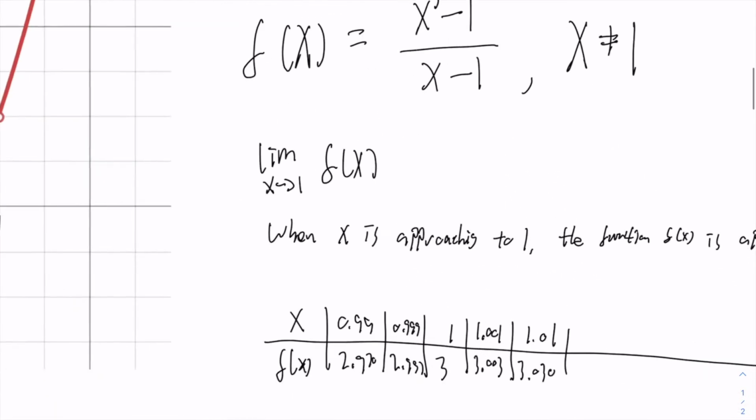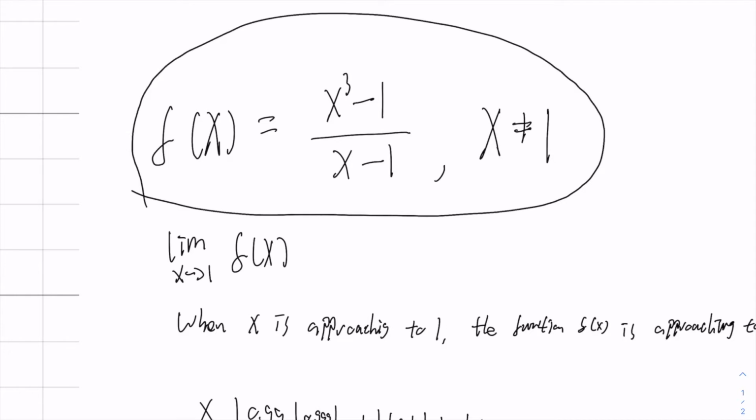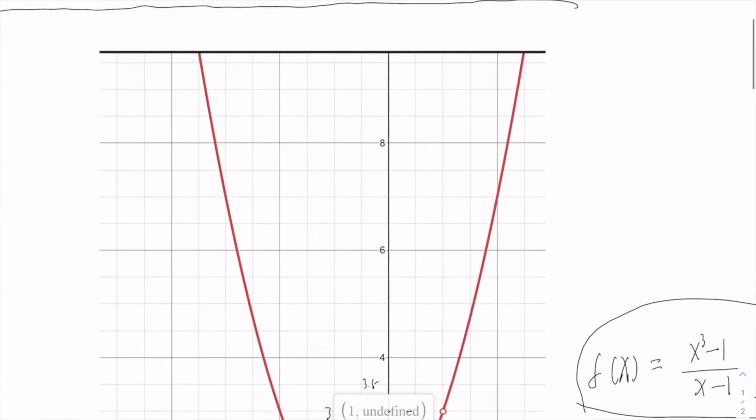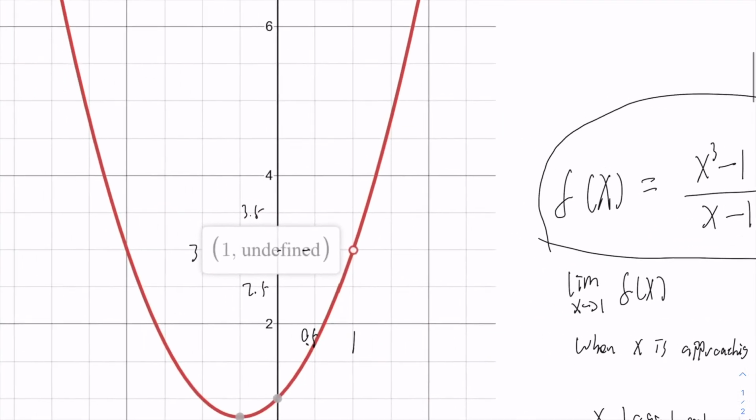So I've got a function f of x equals x cubed minus 1 over x minus 1, while x is not equal to 1. x is not equal to 1 because you cannot have anything over 0, right? If you substitute x equals 1 there, then it's going to be 0 over 0, which is not going to work. The first way to evaluate this limit is based on the graph.